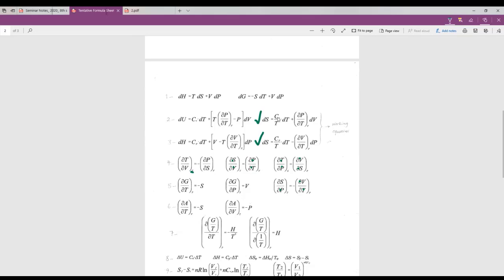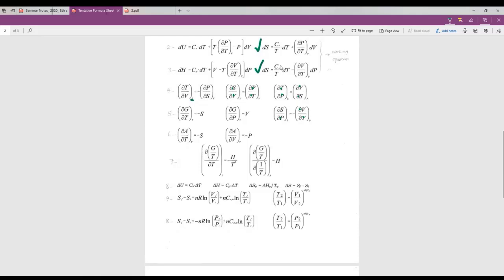For the case when CV is constant or not constant, for example, in the equation up here, or for the second equation down here, for when CP is constant or it's not constant. You can use it in both cases. And also you can use these equations in processes like isobaric, isochoric, isothermal, isenthalpic, isosteric, for example, or adiabatic. So you can use that for all those processes. So it's a general equation.